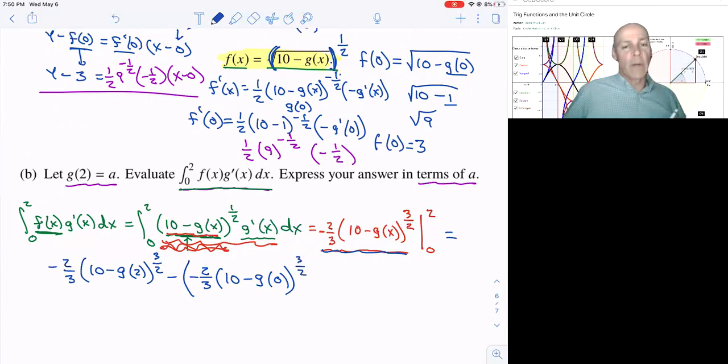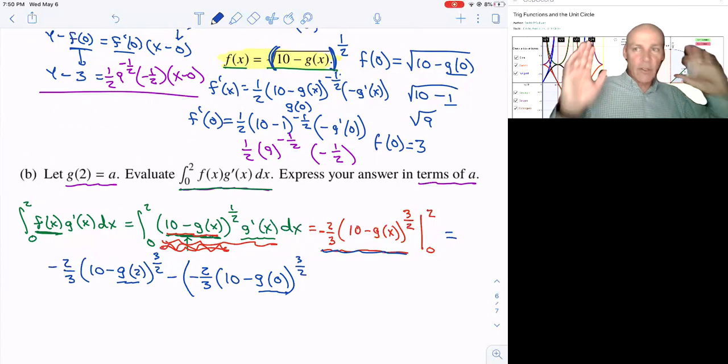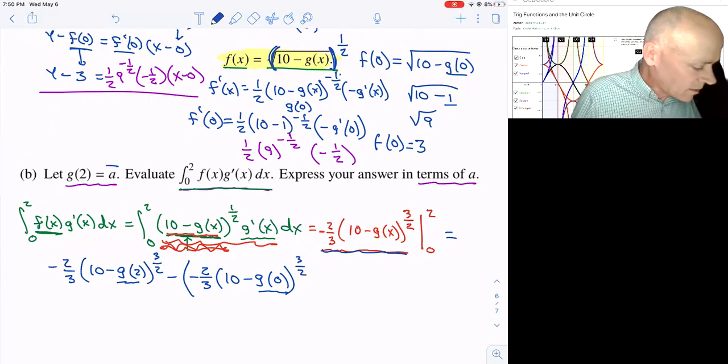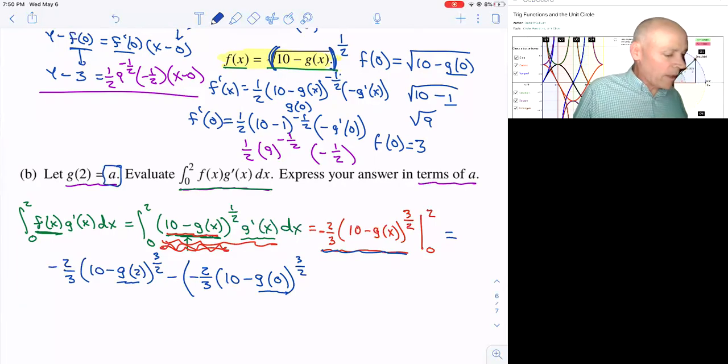That's almost a numeric answer. What I want to do is take care of that piece, g at 2, g at 0. If I can change those into values, I'm done. And I do not want to waste time trying to simplify that piece. Hey, the good news, what's g at 2? G at 2 is a. They told me that. So I'm just going to substitute in a for that.